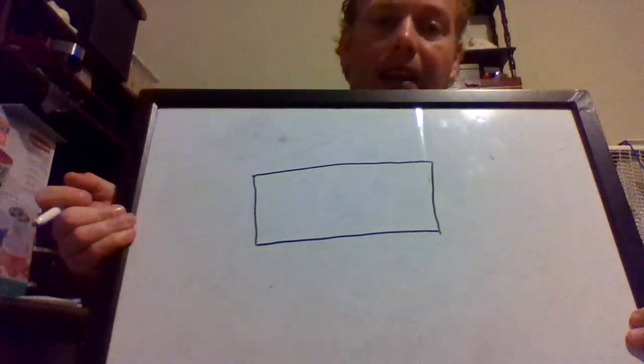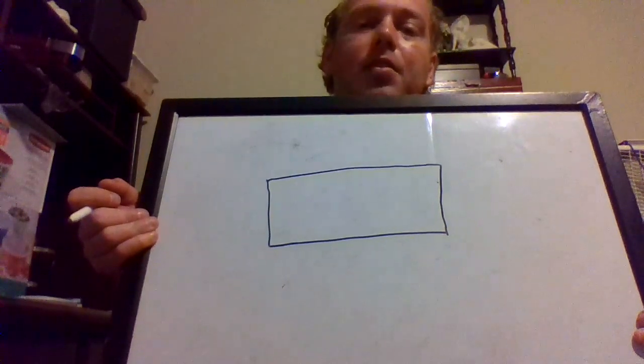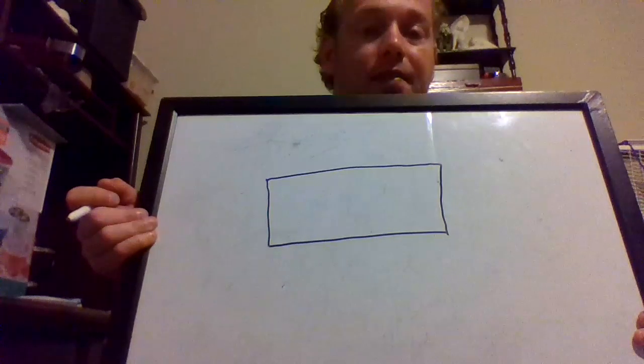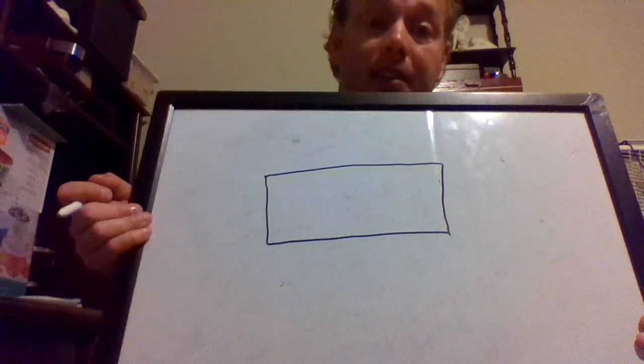Now, let's look at something that's not quite a square, but it's closely related. This is a rectangle. So, rectangles can come in all different sizes. A rectangle is a rectangle is a rectangle.